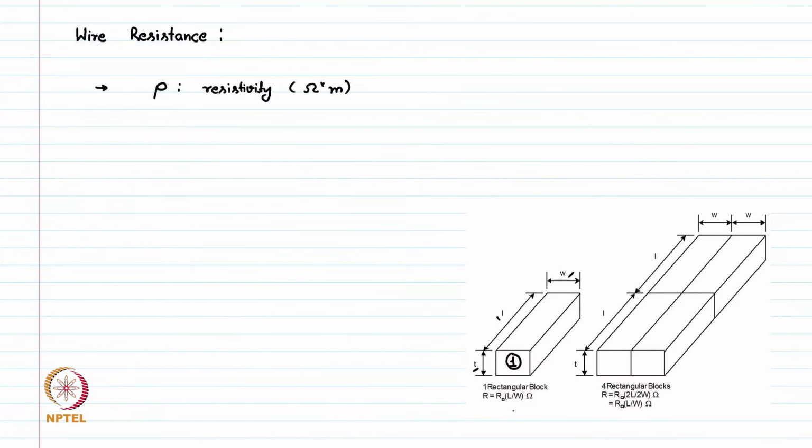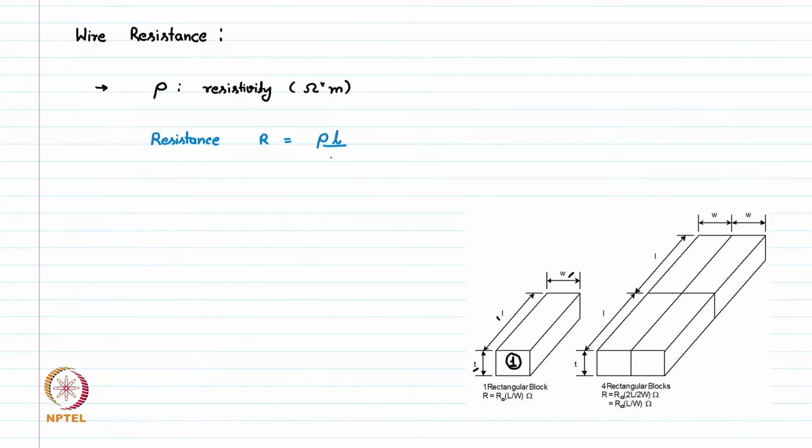So the actual resistance of this block, which is wire number 1, the resistance R is given by rho L upon A.